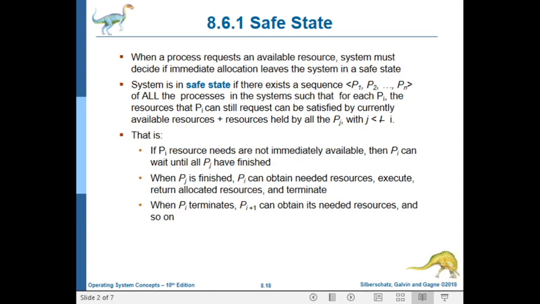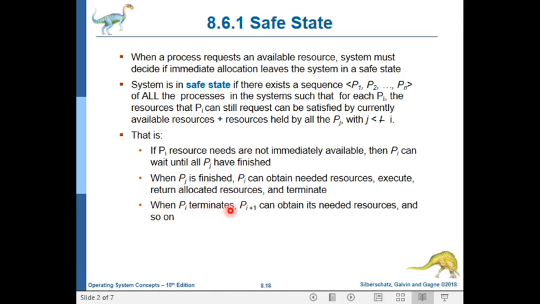If Ti's resource needs are not immediately available, then Ti can wait until all Tj have finished. When Tj is finished, Ti can obtain the needed resources, execute, return allocated resources, and finally terminate.